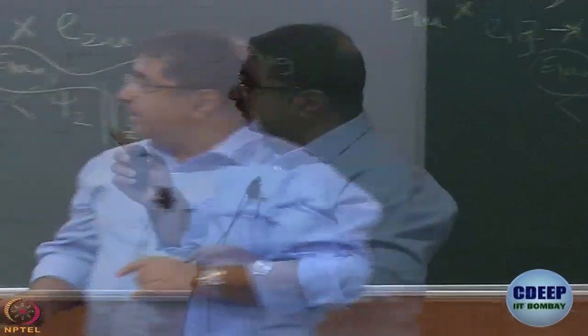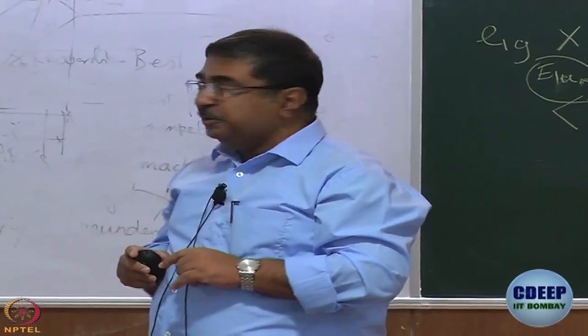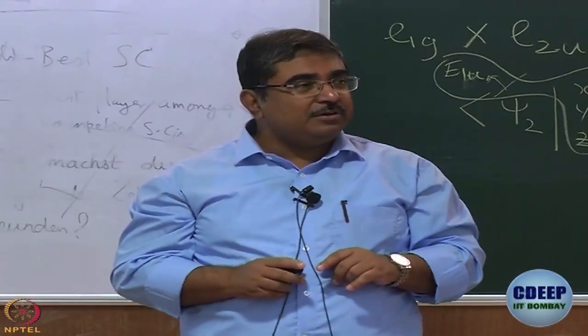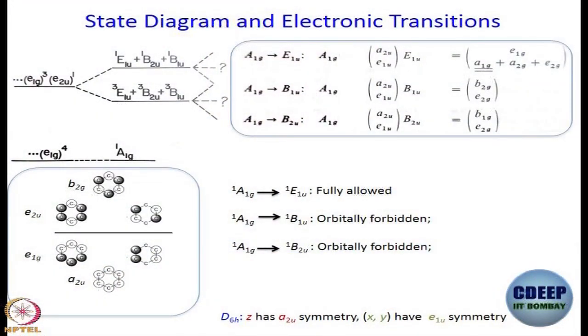Of course, singlet A1g to singlet B1u, is it spin allowed? Of course, it is orbitally forbidden. Is it spin allowed? Forget the orbital part, singlet to singlet, that is spin allowed, right? Singlet A1g to singlet B2u, orbitally forbidden, I agree. Is it spin allowed? Yes, it is spin allowed.